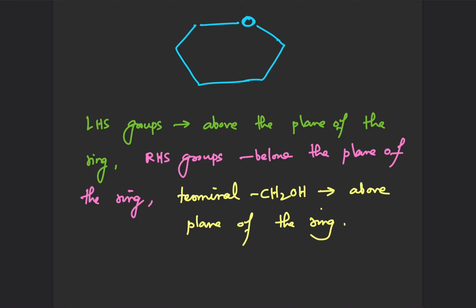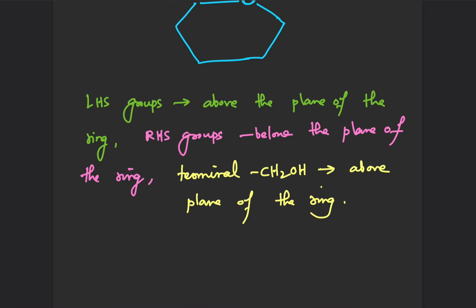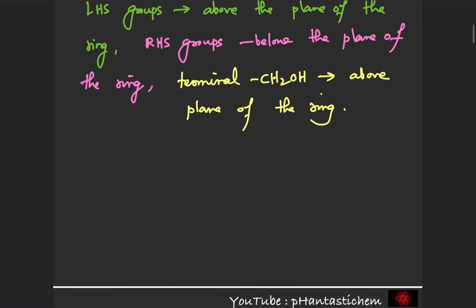Therefore, the Haworth projection of 4-chloro-4-deoxy alpha D galactose will look something like this.